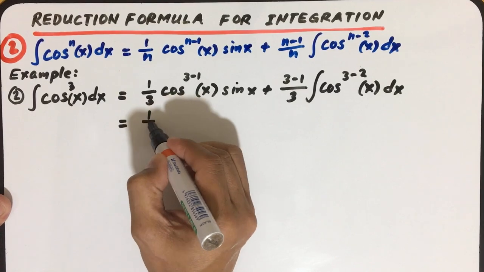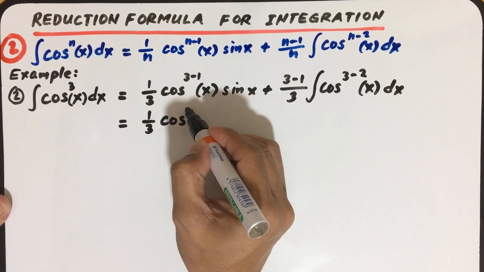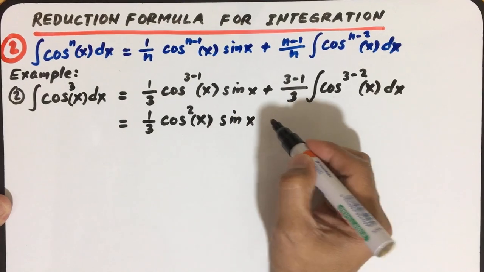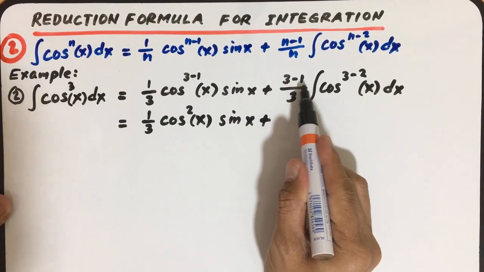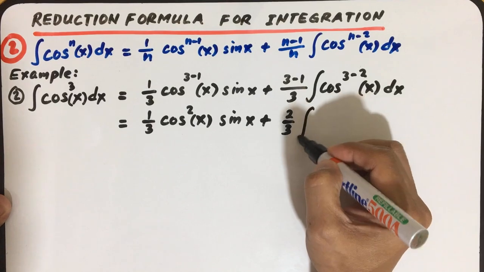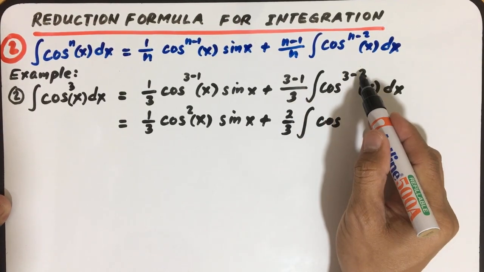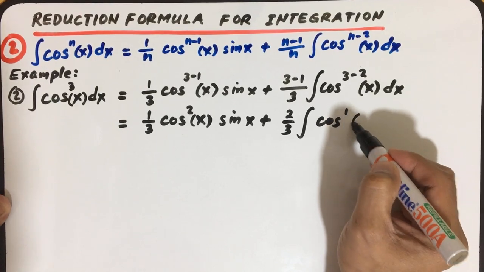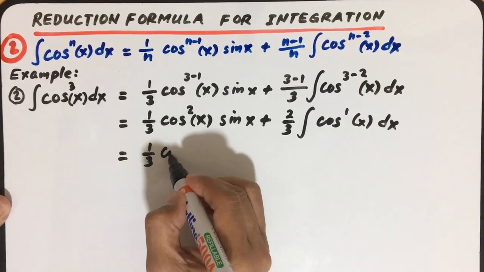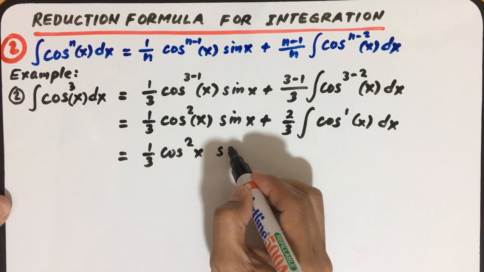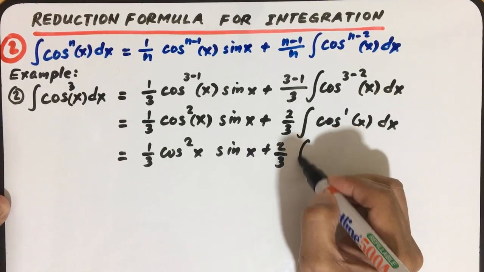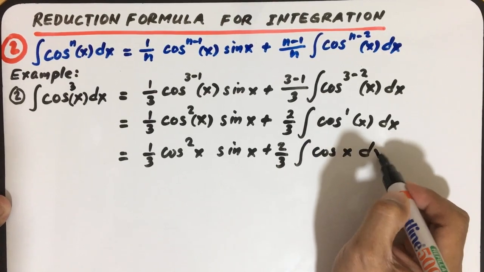So this is equal to 1/3 cosine 3 minus 1 is 2, so cosine squared x, then sine x plus 3 minus 1 is 2 divided by 3, so this is 2/3, times the integral of cosine. 3 minus 1 is 1, so this is just like cosine to the power 1 x dx, or equal to 1/3 cosine squared x sine x plus 2/3 times the integral of cosine x dx.